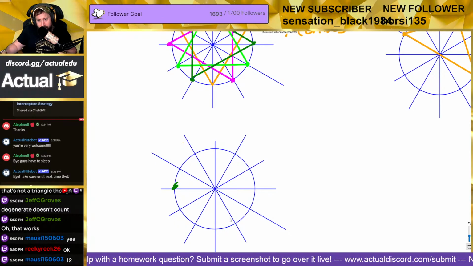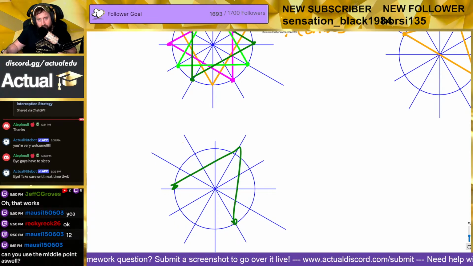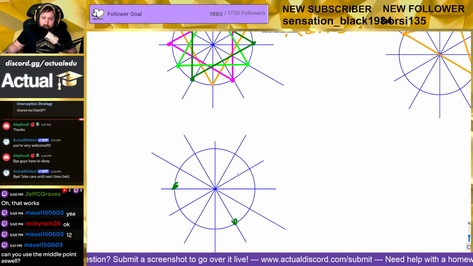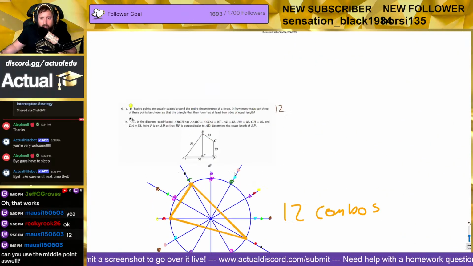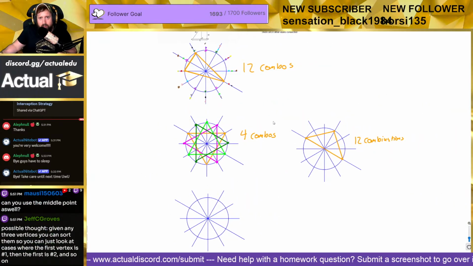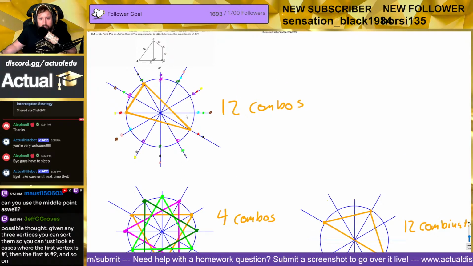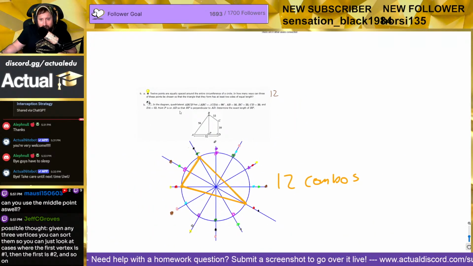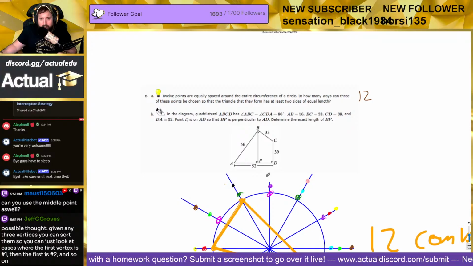Because otherwise, now we're just double counting these. I don't think you can use the middle point. No. Okay. Yeah, but I think they're distinguishable. Okay, so I think this is 30.